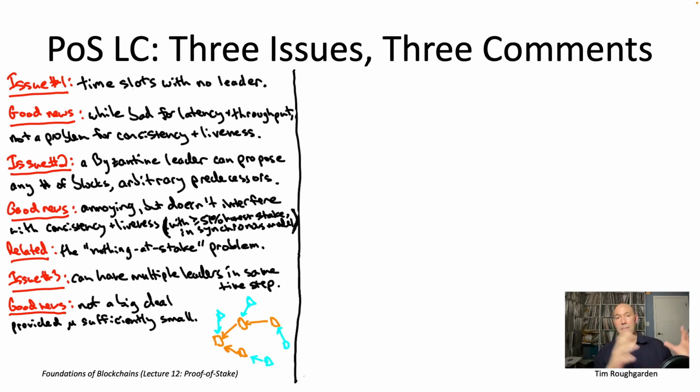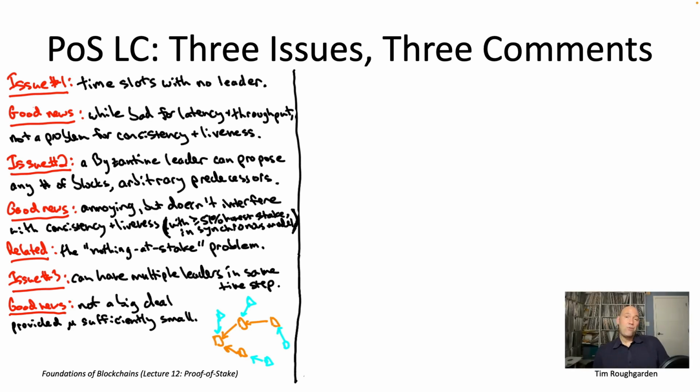Back then we were thinking about message delays, and so we realized all of a sudden you could have inadvertent honest forks among different honest nodes because they didn't hear about each other's blocks in time. Here we're getting something similar, inadvertent honest forks, but for a different reason, not because of message delays, but rather because of the variability inherent in VRF-based leader selection.